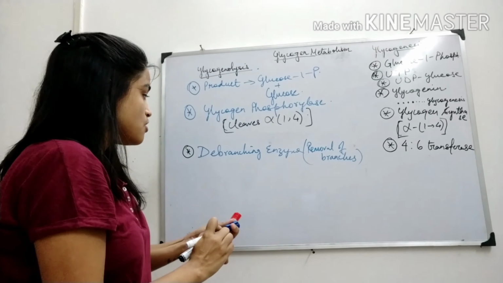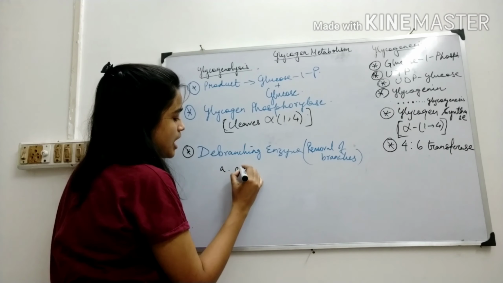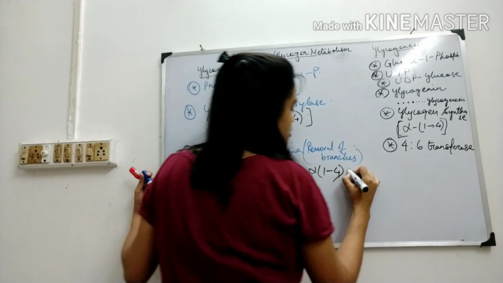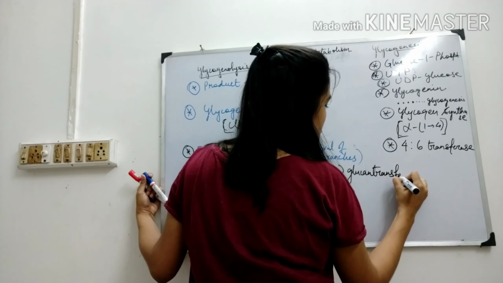For that, the first enzyme that is required is oligo alpha 1,4 alpha 1,4 glucan transferase. What is happening is that, suppose these are the glucose units present in the chain.